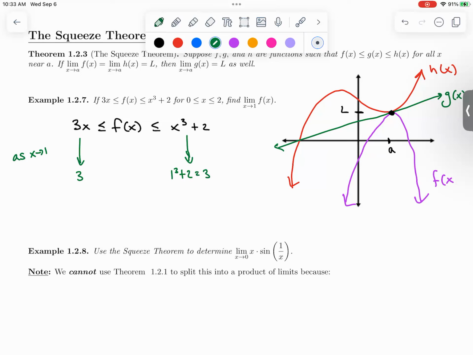So the upper bound and the lower bound functions both approached 3 as x approached 1. So by the squeeze theorem, the limit as x approaches 1 of f of x must also be 3. There is no other way for it to be.